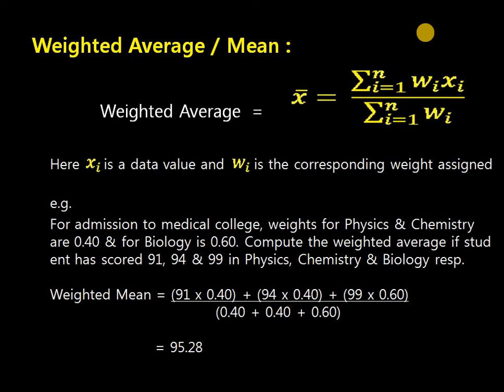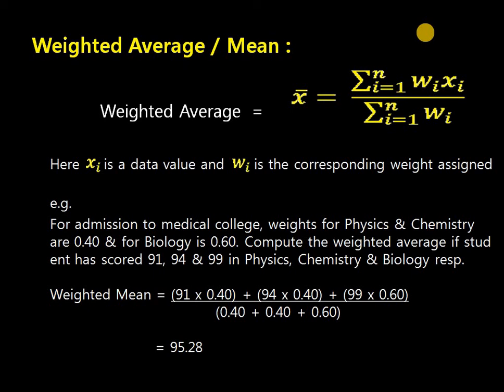So let's compute the weighted average if the student has scored 91, 94 and 99 marks in physics, chemistry and biology respectively. The weighted mean will be the multiplication of marks obtained in a particular subject by the respective weight of that subject.